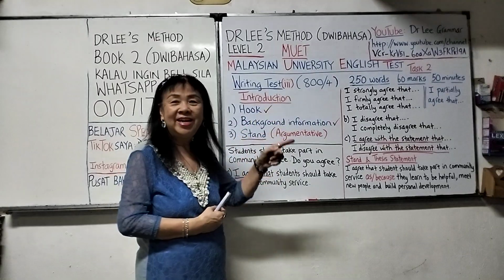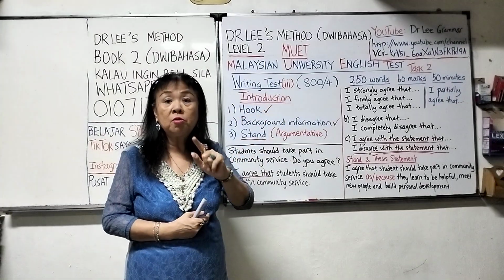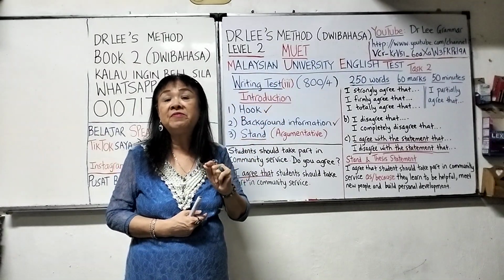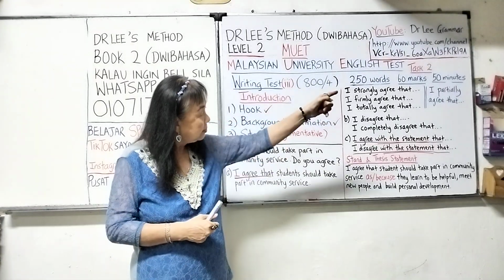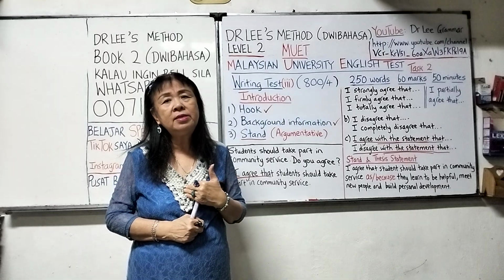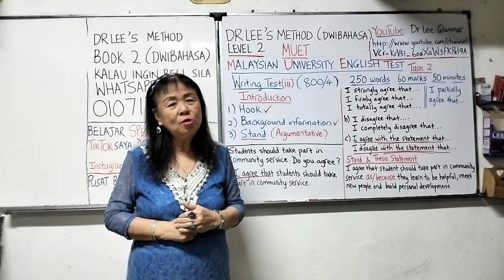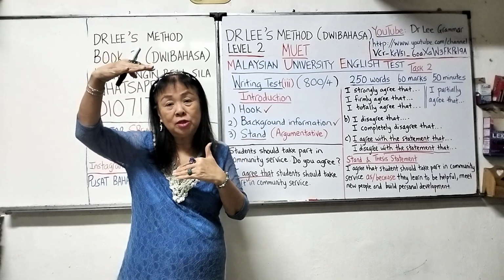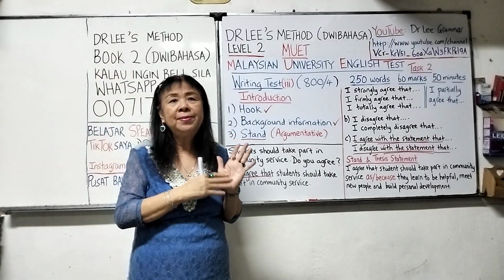Third video. So this is the paper 800/4. You have to write a minimum of 250 words. Full marks is 60. 50 minutes is suggested to you. For me, if I'm writing this paper, I personally would need 50 minutes. So it's better you follow the time that is suggested to you. You know why?